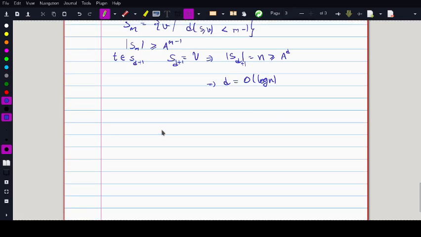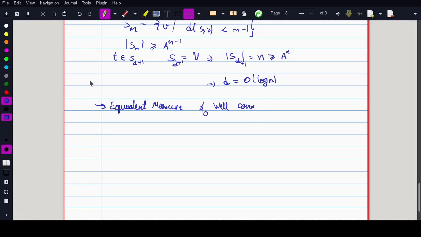There's also an equivalent measure of well connectedness. Currently we were using the concept of expansion. We were saying that if you have a subset S, then its neighborhood set expands.